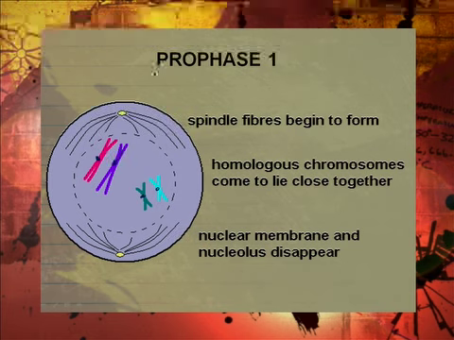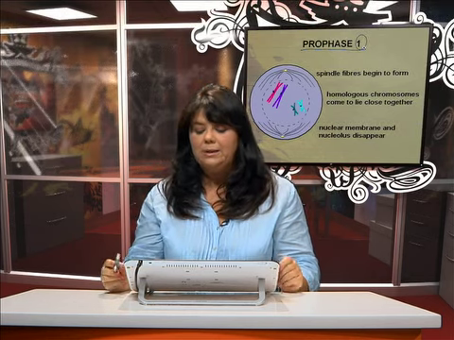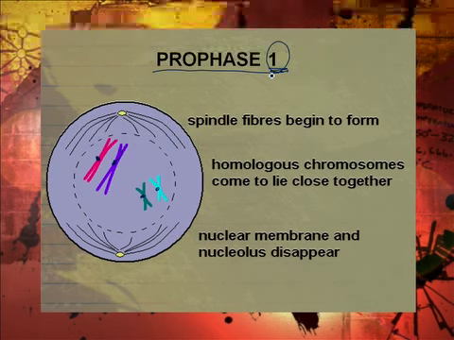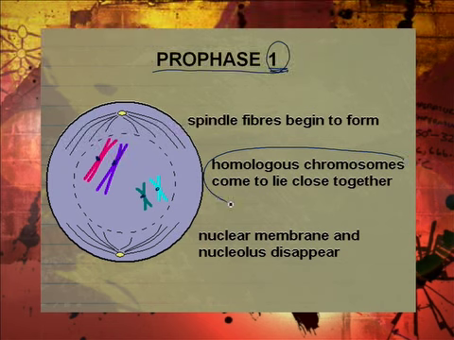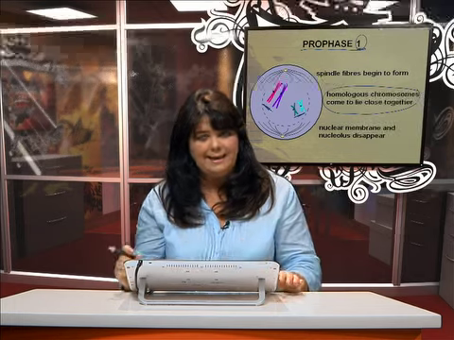But what happens during prophase 1 of meiosis, you need to remember that with meiosis there are 2 nuclear divisions. In mitosis there was simply 1. In the first stage of prophase, everything happens identically to how it happened in mitosis, except we have homologous chromosomes coming and pairing with each other, lying next to each other.